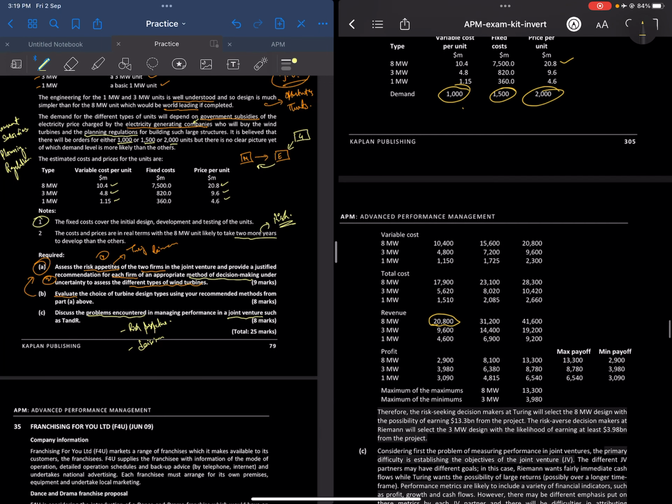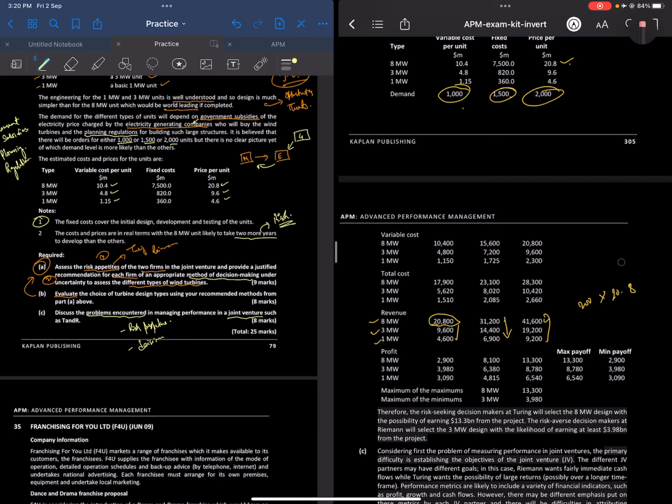So that's the revenue under demand 1000, across the 8 megawatt, 3 megawatt and the other design. For the 1500 demand level, it's going to be 1500 times 20.8, and then the 2000 level, so we've got all the revenue over here.